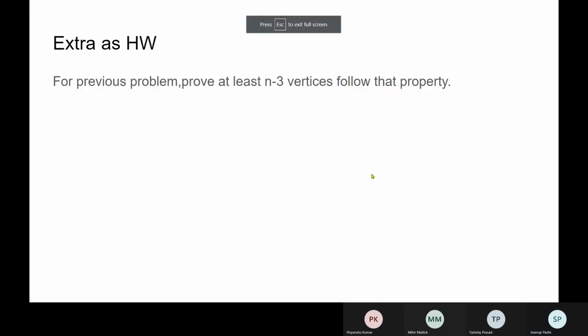So yeah, you are saying that they are not connected to each other, and at least n minus 3. But at least n minus 3 means it can be greater than it.